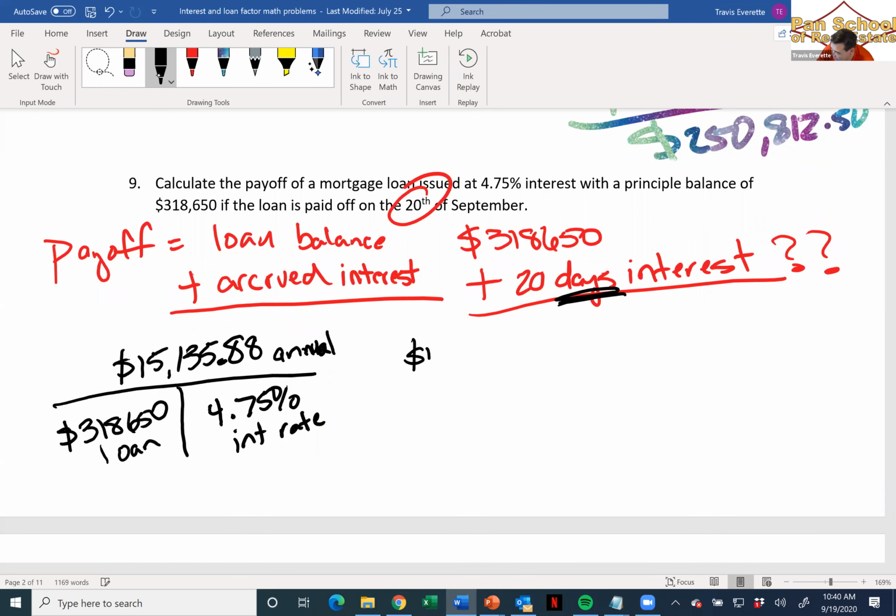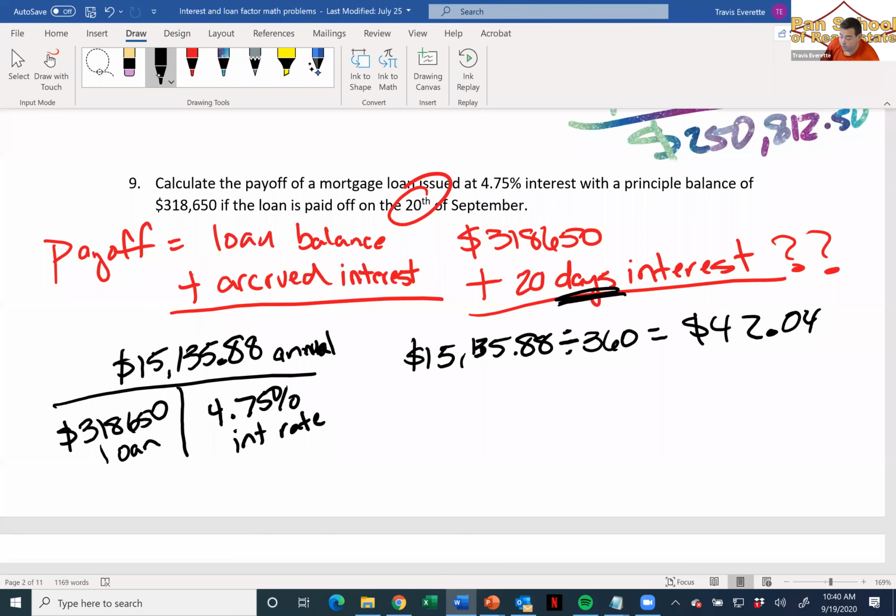So 15,135.88 divided by how many days are there in the year? 360. 360 will get me to daily. That's $42 and about 4 cents a day. $42.04 per day, right around there.